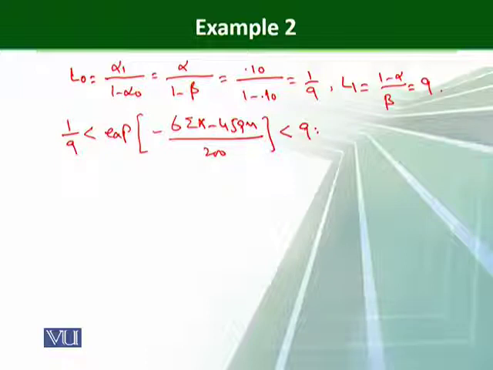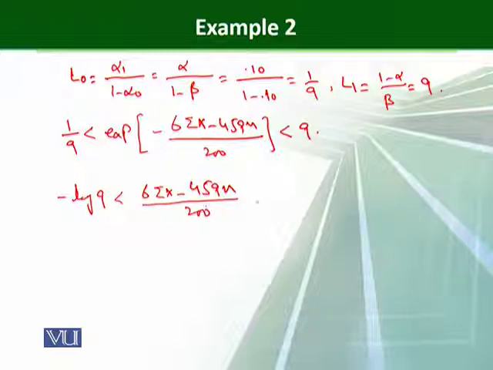Now taking the log on both sides, we get minus log 9 less than 6 sum x minus 459n divided by 200 less than log of 9.